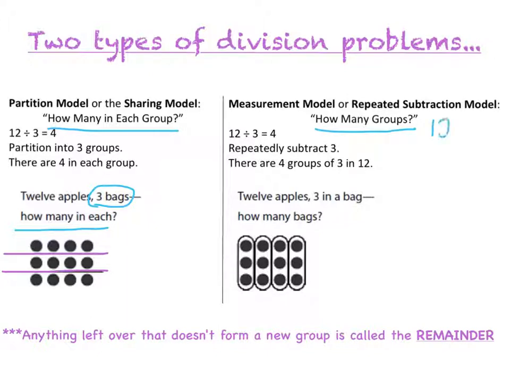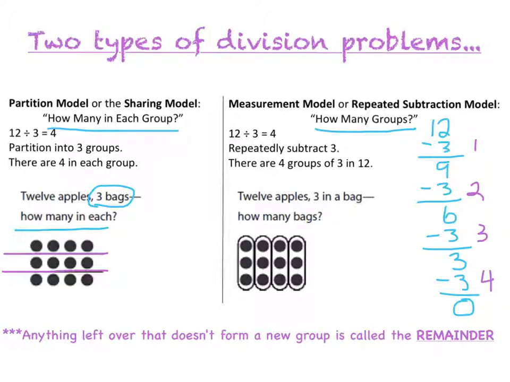So 12 minus 3 equals 9. 9 minus 3 equals 6. 6 minus 3 equals 3. And 3 minus 3 equals 0. So we can see that we have made 4 groups of 3 while subtracting.